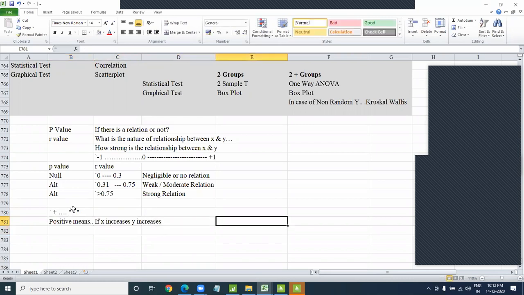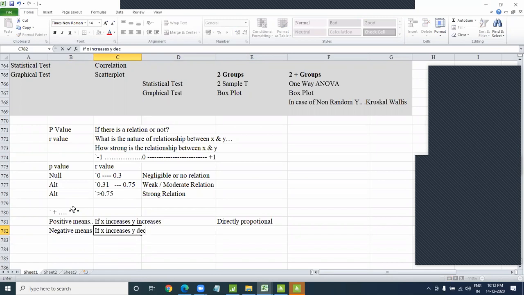That's directly proportional. Negative means if X increases, Y decreases. Inversely proportional.